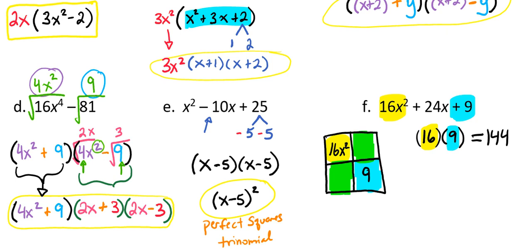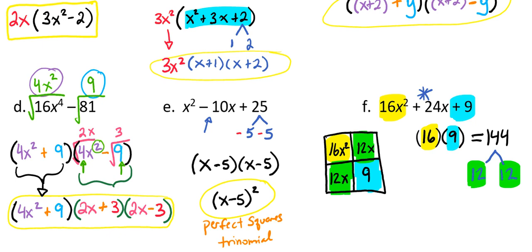We want to know what 2 numbers will multiply to 144 but will add to a positive 24. So right at the top of my head I see 12 and 12. I can use them both as positive, and when I add them I get a 24. Those are going to be the numbers that I put in my leftover boxes.